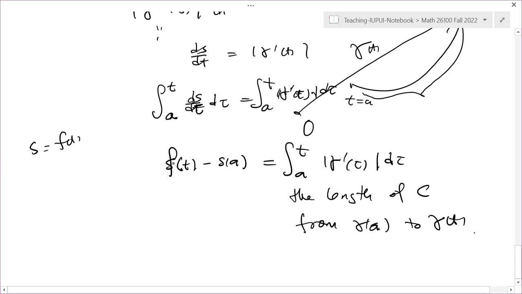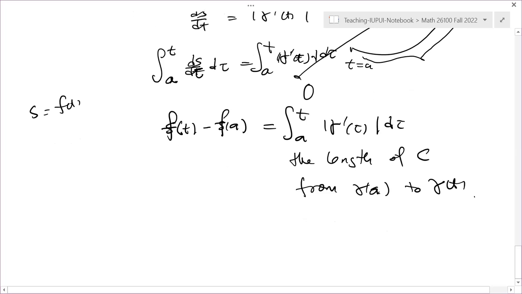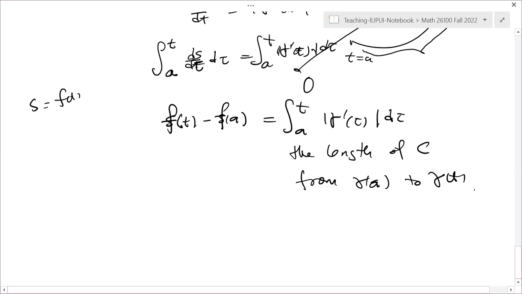The function f is completely determined. It depends on the initial value, so f of t is going to be f of a plus the length.